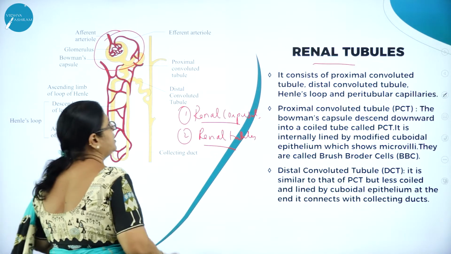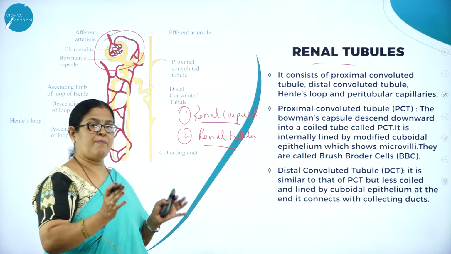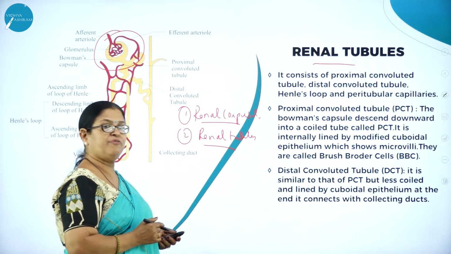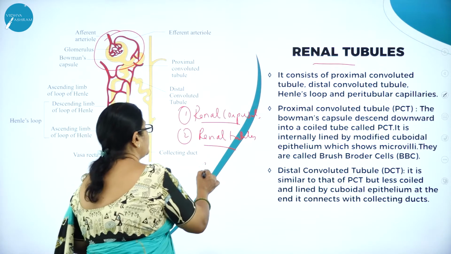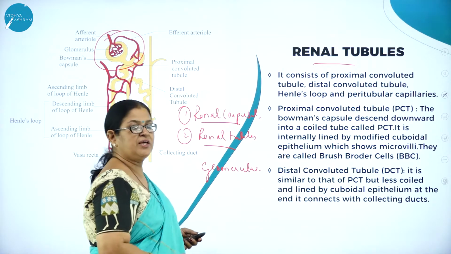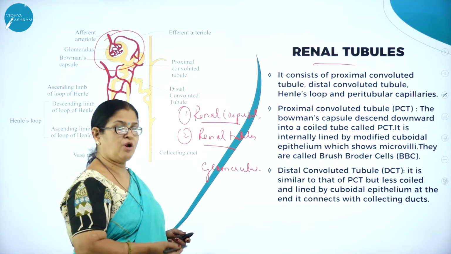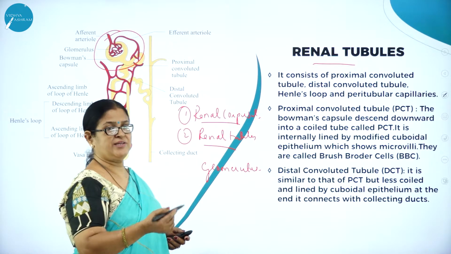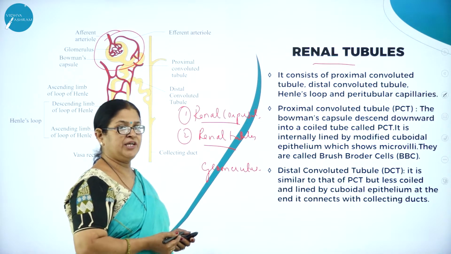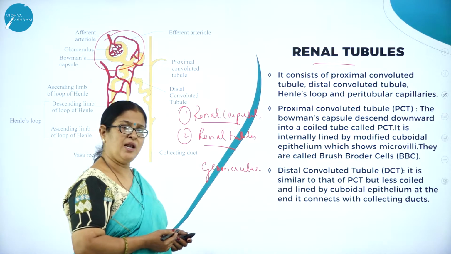This whole part is called the renal corpuscle, which consisted of a cup-like or bowl-like structure called Bowman's capsule with a tuft of blood capillaries called glomerulus, and with afferent arteriole that supplies blood to the glomerulus and efferent arteriole that carries blood away from the glomerulus. As we know, the afferent arteriole is larger than the efferent arteriole. So we studied about the renal corpuscle.